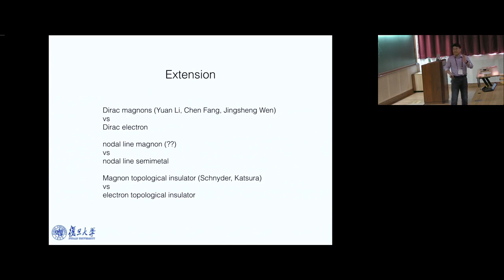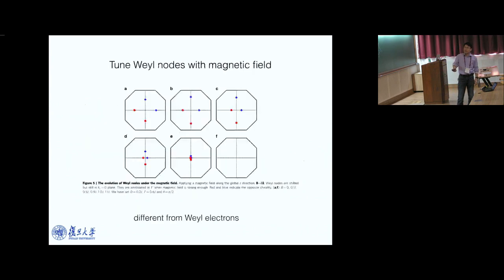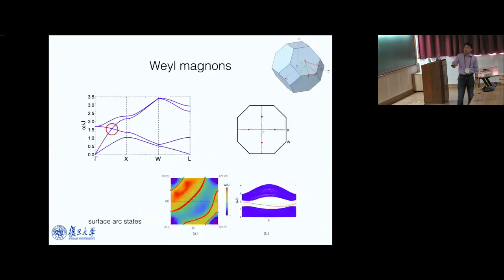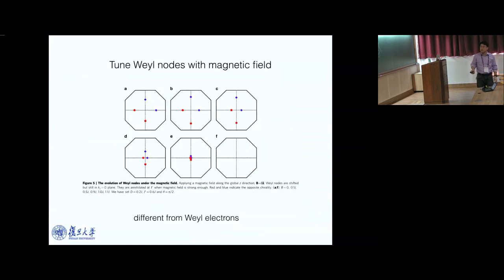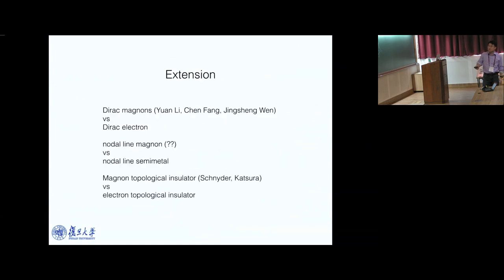No. These are just a matter of terminology. Really, they are not insulators. These are just band touchings at some excited states. I should put a quotation mark on that. It's really not.